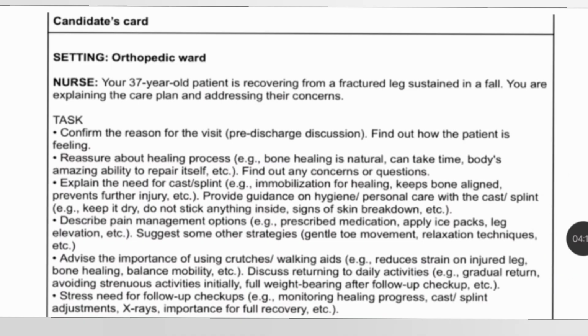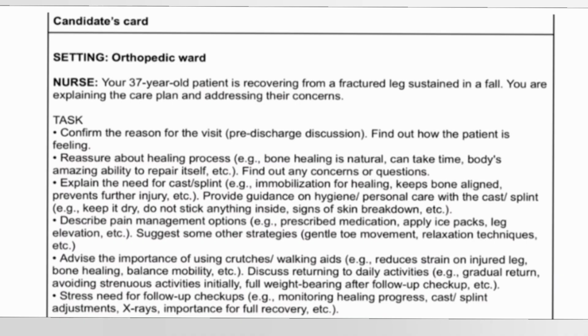Okay. So the second task is reassure. Reassure means the patient is having some concern, so we have to reassure the patient so that the patient's anxiety will be reduced. Well friends, when we ask the patient whether there is any problem, she replies that yes, she has a problem regarding the healing process.